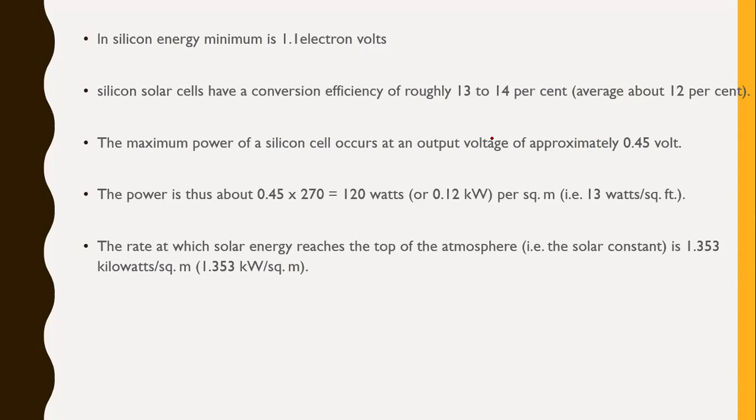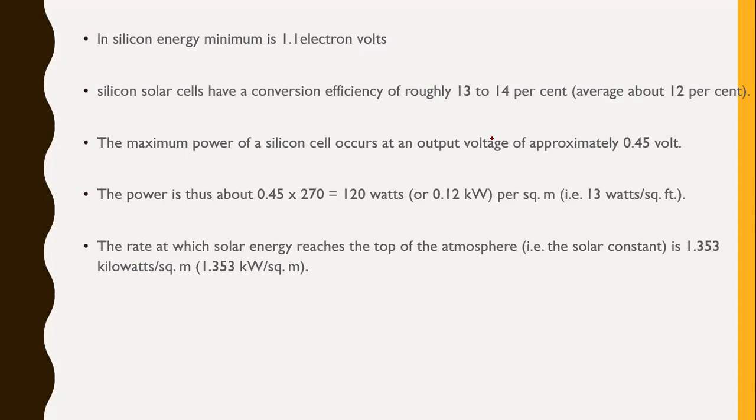Gallium arsenide is a good absorber of solar radiation, and the NP homojunction can be made from thin films of polycrystalline material.